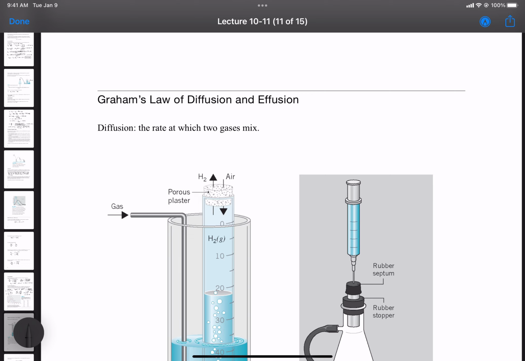So diffusion is the rate at which two gases mix together. On last week's participation questions, I had a simulation as one of the problems, and you get to solve how gases diffuse through a divider. If you haven't looked at that, please take a look, because I think it'll better help visualize how diffusion works.